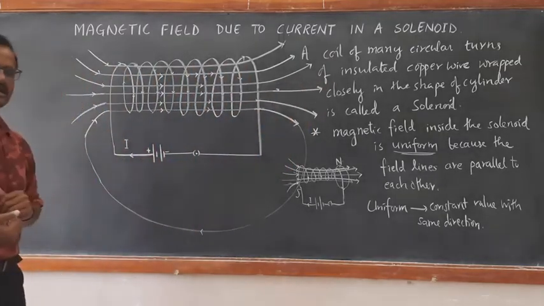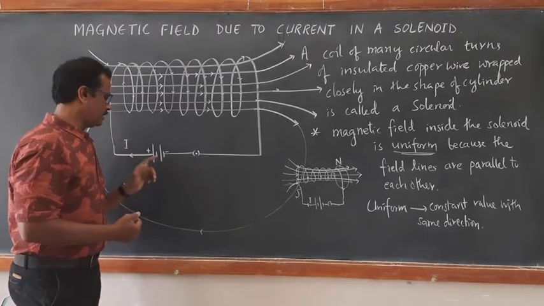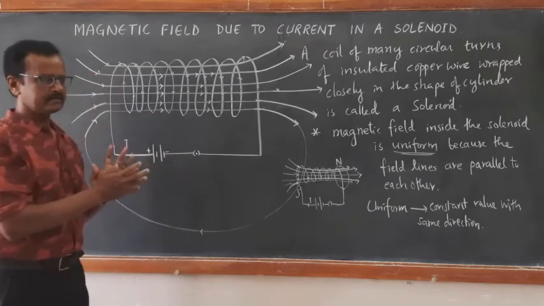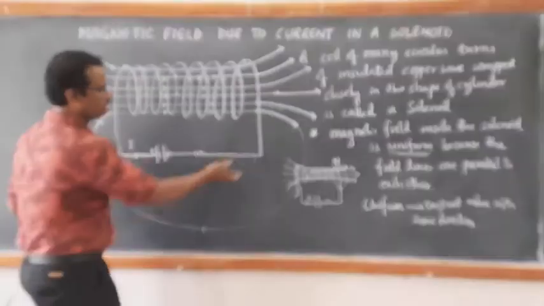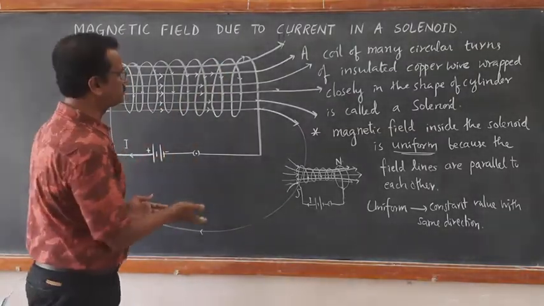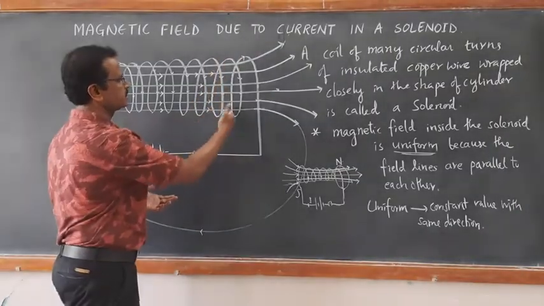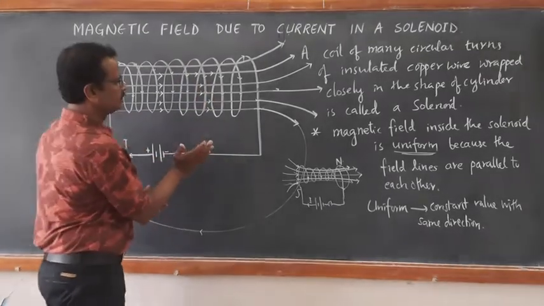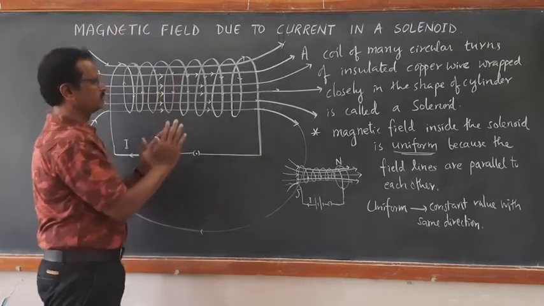If you change the polarity, connecting this end to the negative terminal of the battery and this end to the positive terminal, then the current flows in the opposite direction. The direction of current reverses. Now the current is entering the plane of the board in each turn.